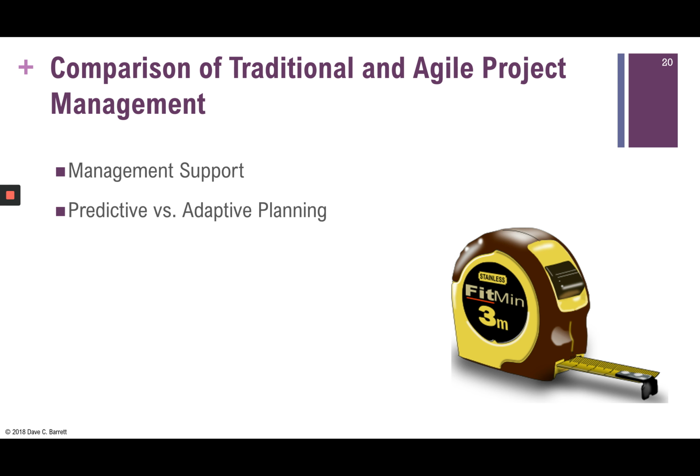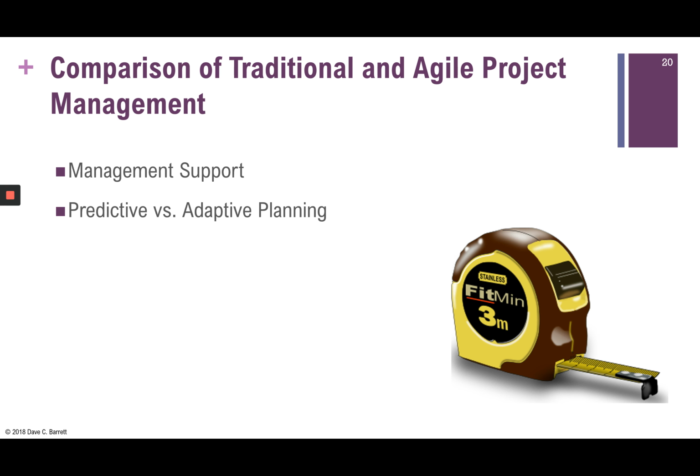There's predictive versus adaptive planning. Traditional project management is predictive. It attempts through planning to predict when everything is going to occur exactly. There's a schedule for the entire project. Agile, on the other hand, doesn't do that. It adapts. We don't know what will be included in the fourth sprint. We'll only know that when we get to the sprint planning of the fourth sprint. So it adapts as it goes.